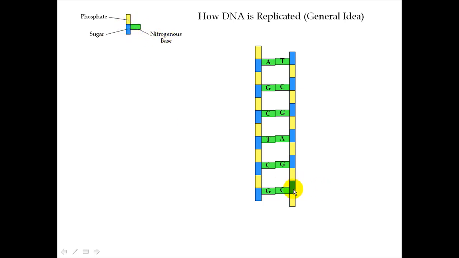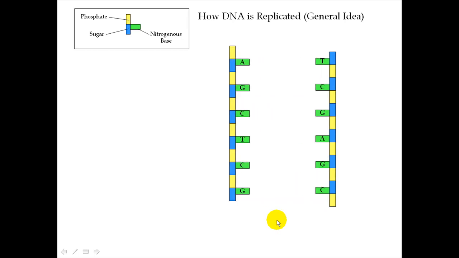Basically what occurs in order to replicate a piece of DNA is that first it has to get separated. The information on a DNA molecule is locked up in the middle in these nitrogenous bases. So to be able to read that information, you have to get to it. The cell gets to it by separating the two strands.